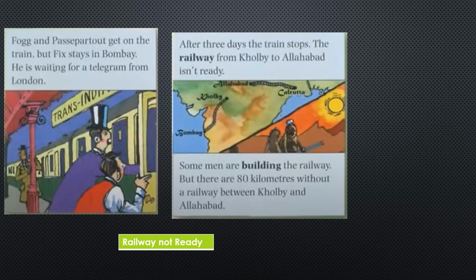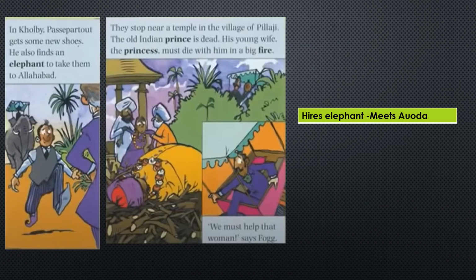So they decide on plan B. Plan B is in Colby, Passepartout gets some new shoes. He also finds an elephant to take him to Allahabad. So here they take the journey to Allahabad on an elephant.